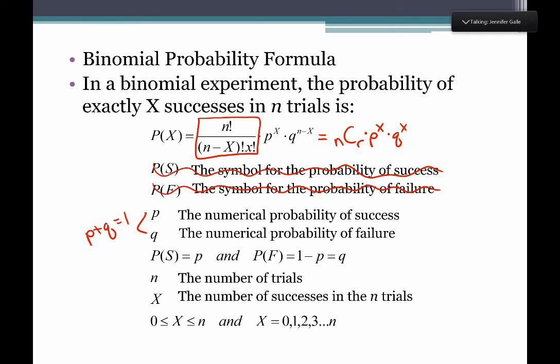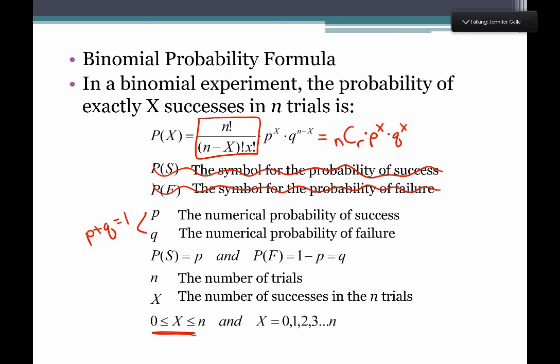Maybe I want 2 of them to be diamonds. How many successes do you want? The little inequality down at the bottom is just showing us that our number of successes could be 0, but we have to make sure that we don't go beyond our number of trials. So if I only have 6 trials, I can't have 7 successes. It won't work. I'm out of trials to have those successes on.